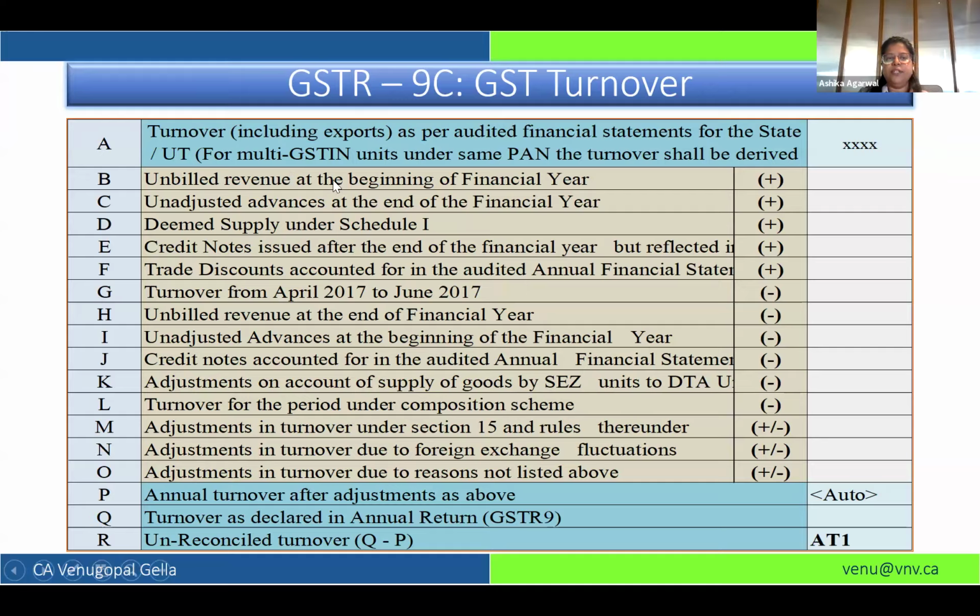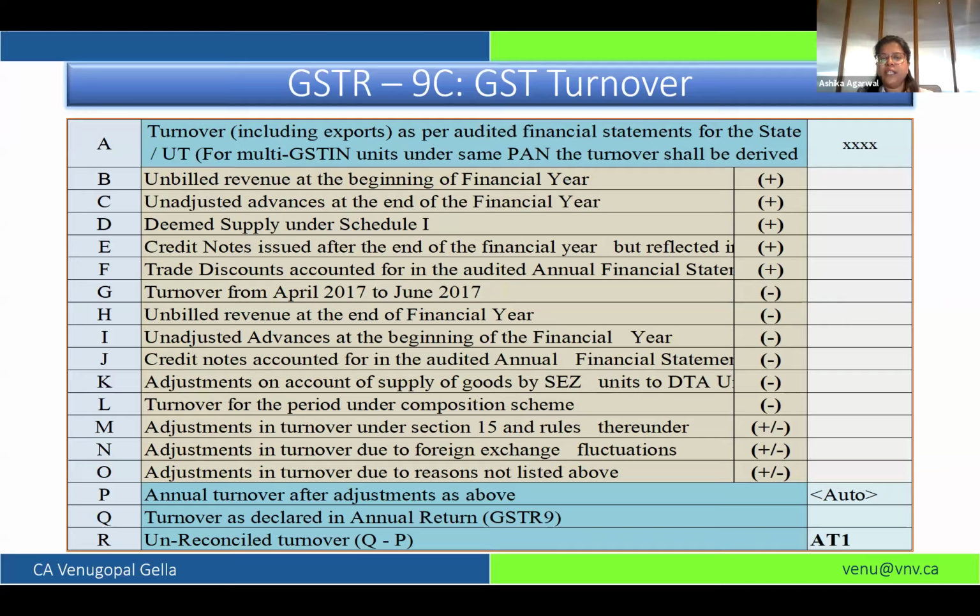5B, unbilled revenue. Now we have a UBR adjustment. Based on a matching concept in audited financial, we generally book our income. But until that income is materialized, meaning it gets accrued based on the agreement entered, the same will not be invoiced, and GST liability will not come just because you have created some provision of income in your books.